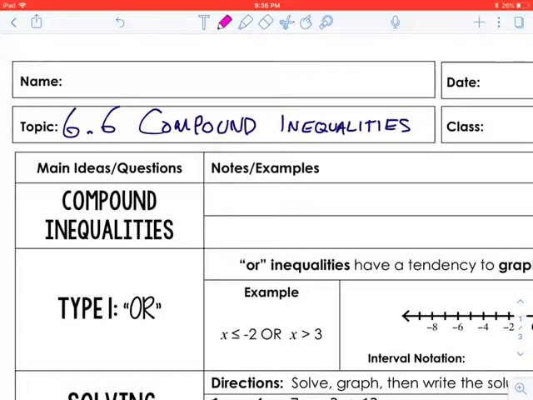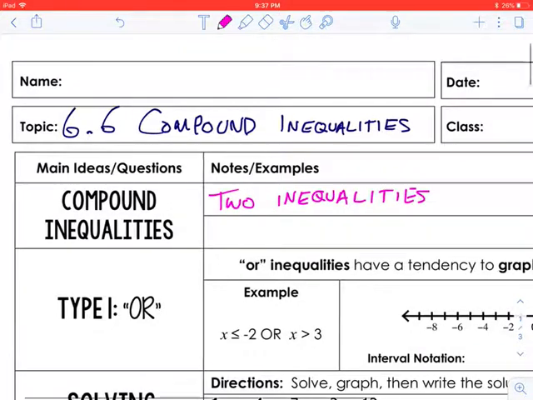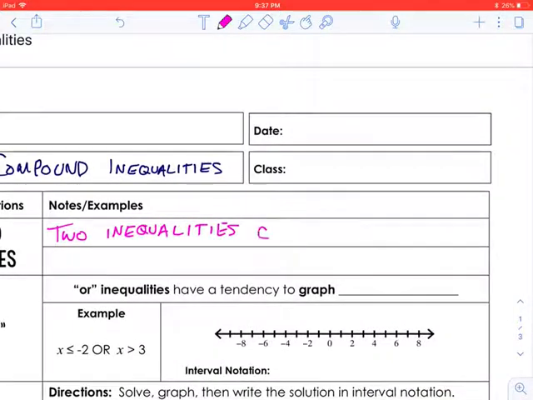A compound inequality is just two inequalities, but they're combined. So two inequalities combined with the word "or" or "and."